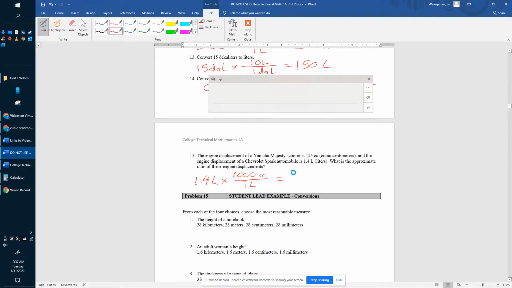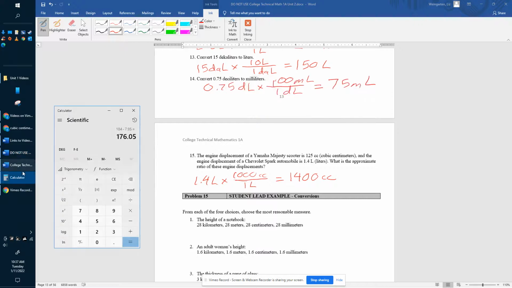It's going to give us 1,400 cubic centimeters. So in order to find the ratio, we just divide. So let's take our calculator, take the larger number, divide it by the smaller number, and it's about 11 times larger.